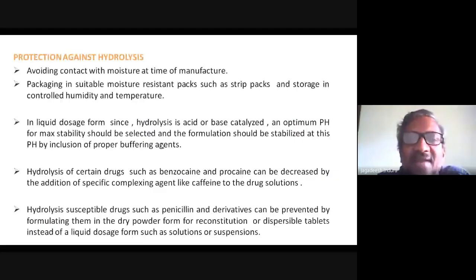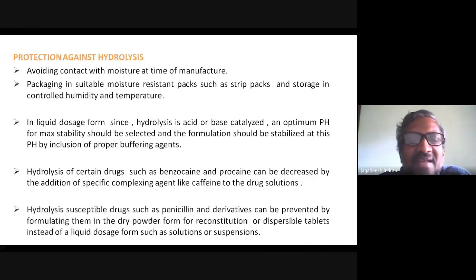This is an excellent approach where you need not add any buffer, but the complexing agent will protect against hydrolysis and enhance stability and shelf life. This is an excellent approach, but it is not possible for all drugs. We need to have a complexing agent mechanism to prevent its degradation.